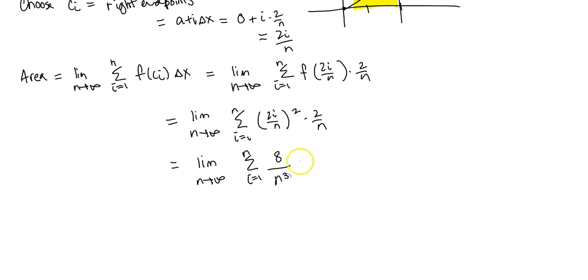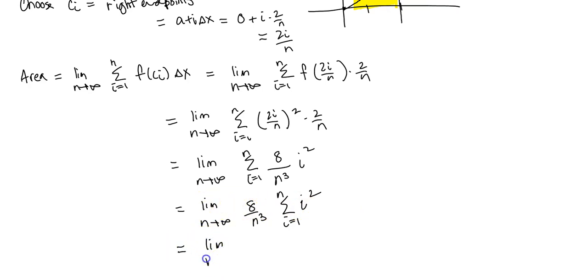That's going to be over n cubed times i squared. So I'm going to bring the 8 over n cubed out of the sum, not of the limit. Notice that n is a constant with respect to the sum, but it is a variable with respect to this limit. So you can only bring it out of the sum, not of the limit.